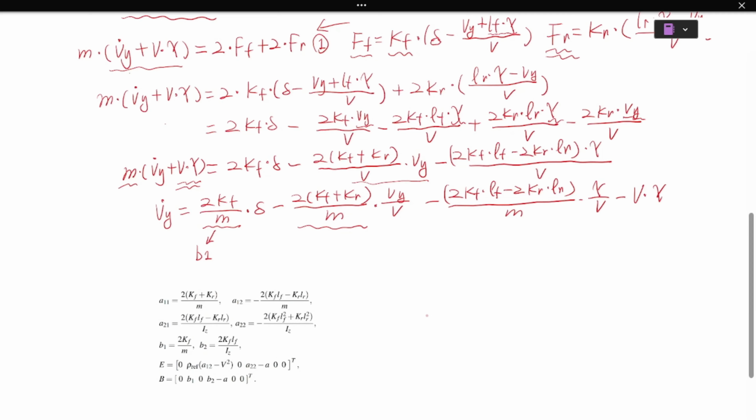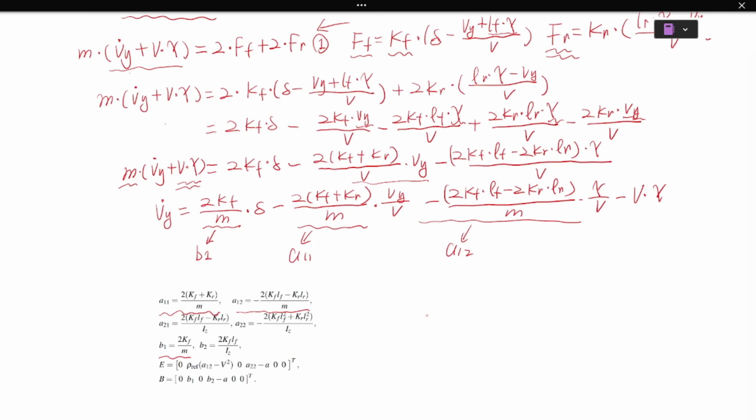So this coefficient is b1, and this coefficient is a11, without this negative it's a11. And this coefficient is a12. This is a12.